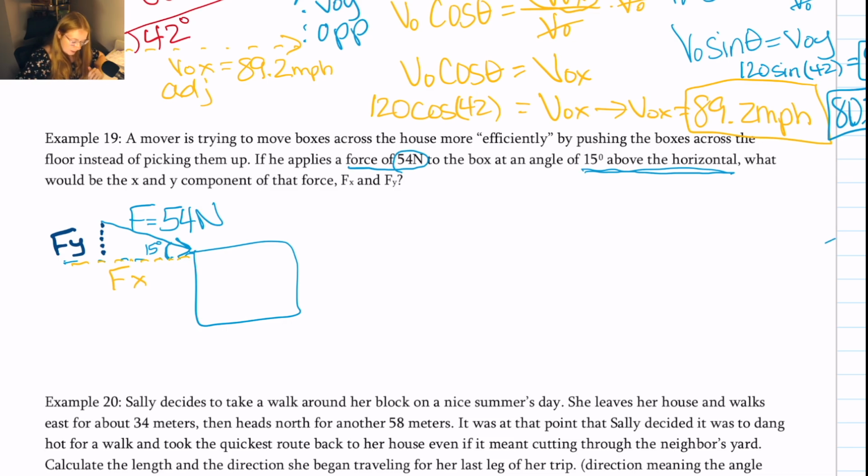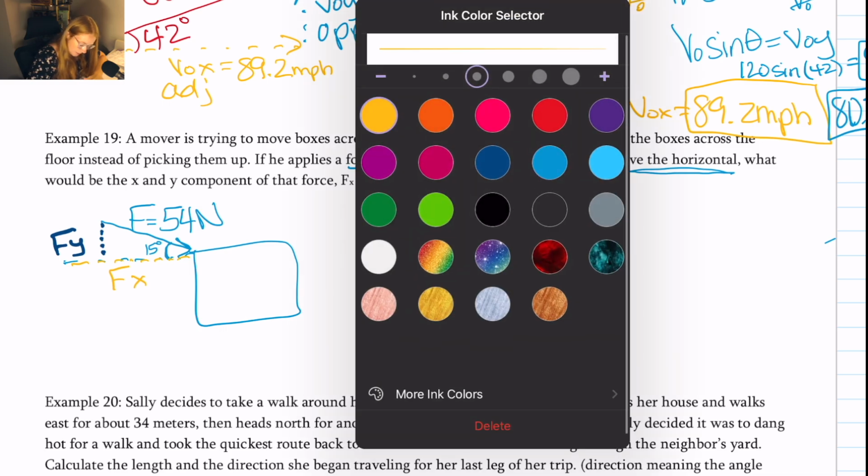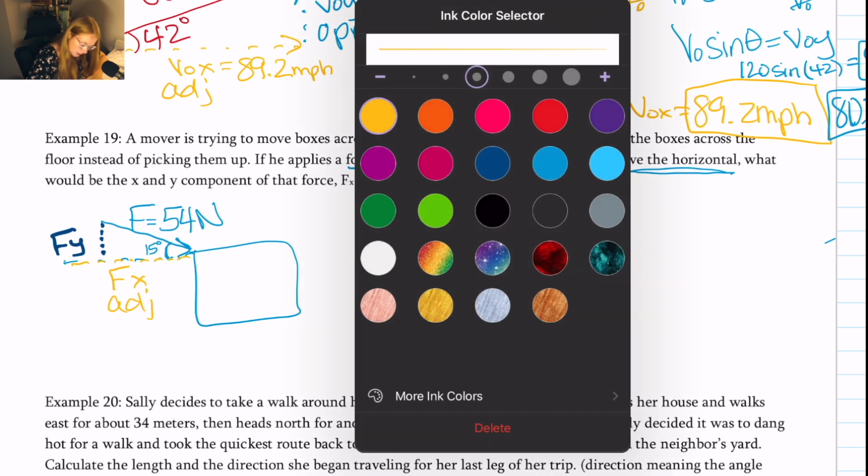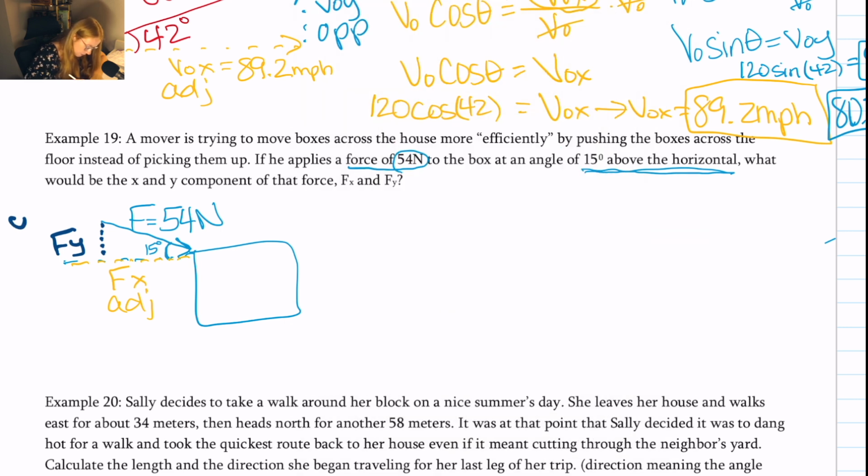Okay, let's label it as opposite or adjacent. If that 15 degree angle is given right here, then Fx would be our adjacent, attached, and Fy would be our opposite. Same pattern we keep seeing. So if Fx is dealing with adjacent, that's going to be a cosine. Adjacent is always the cosine. And so you keep seeing these patterns.